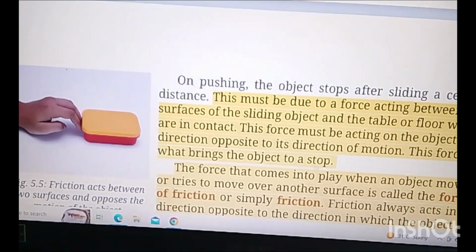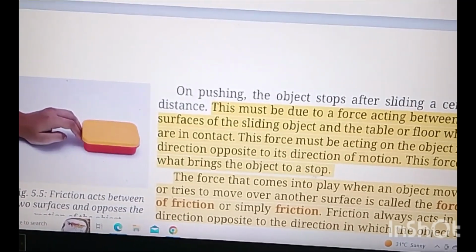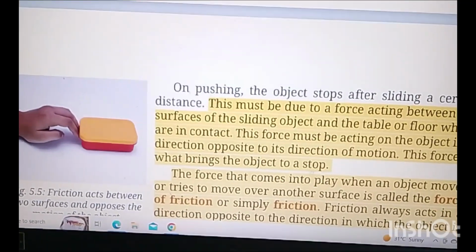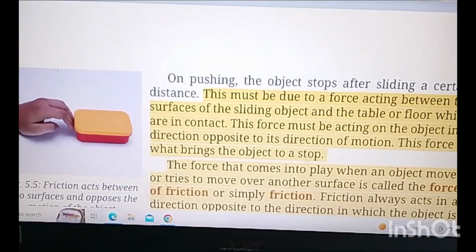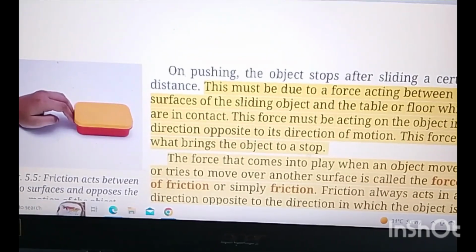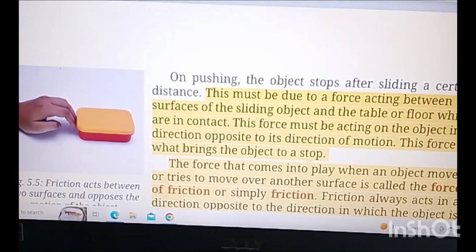Also we understand that this force must be acting on the object in a direction opposite to the direction of motion. This is what brings the object to a stop. So, we understand friction as a force that comes into play when an object moves or tries to move over another surface.